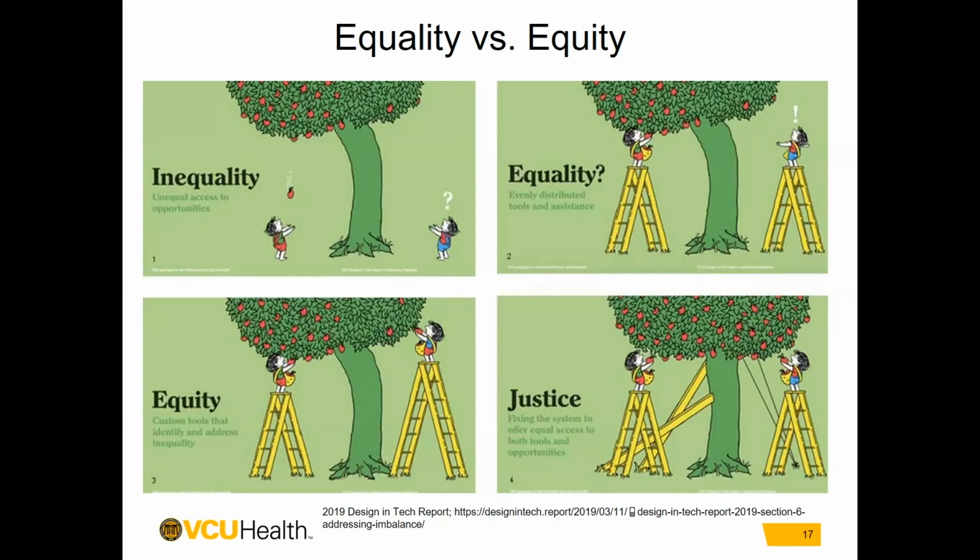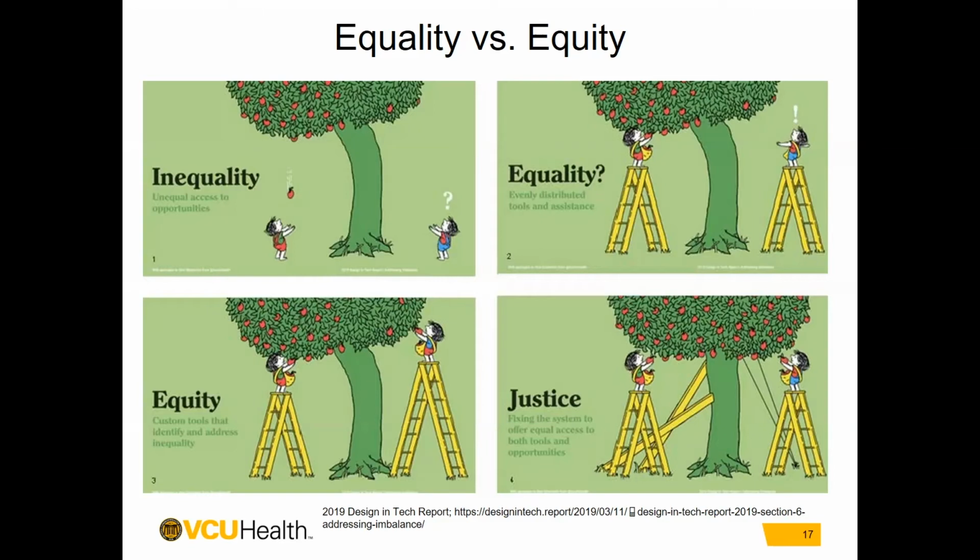And so if you think about this from a systemic racism perspective, think about access to healthcare. Think about access to health insurance. Think about where people live based on historical redlining practices. So let's get to equity. So if we were really going to make sure that everybody had equal access, what we would do is provide a higher ladder for the people in the blue so that they could also reach the tree or reach the items on the tree.